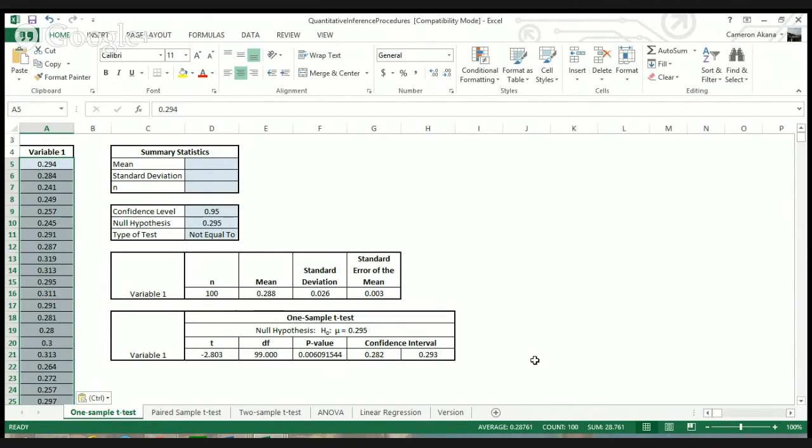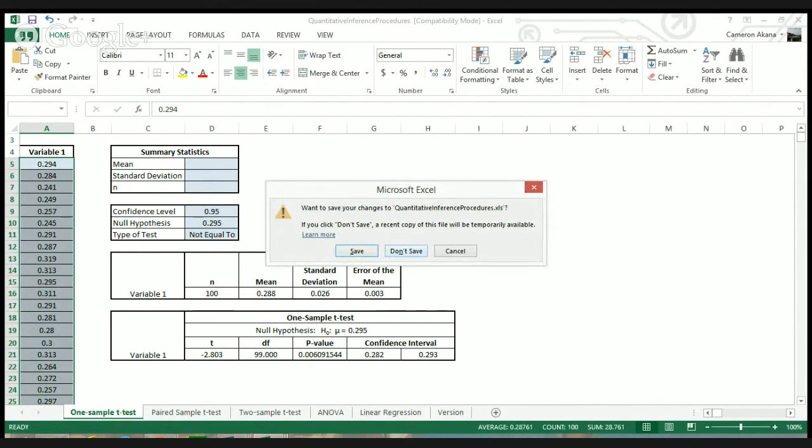But you got 0.293 for the other interval, right? I got, wait, the confidence interval was 0.278 to 0.292. I'll probably just have to delete this or something. Anyway, I guess we'll just move on. Then you had the right degrees of freedom, that was 99. And the T score should be negative 2.721.